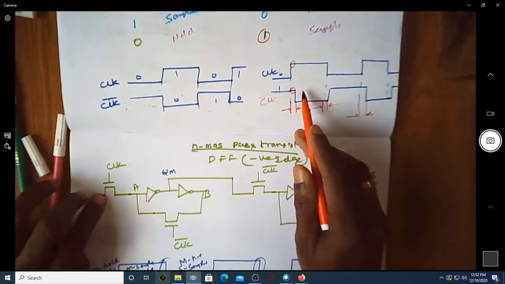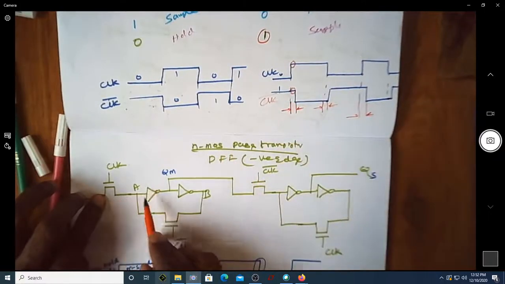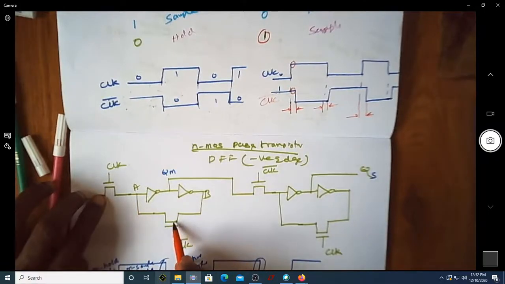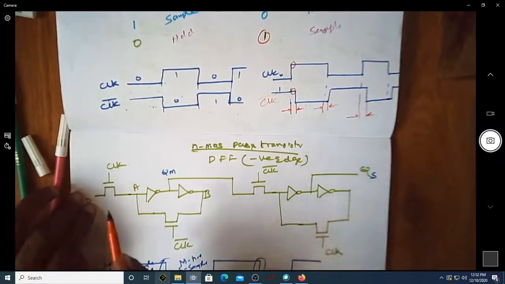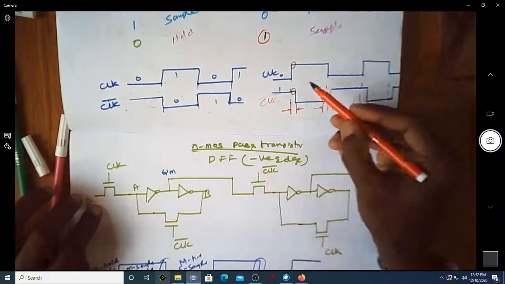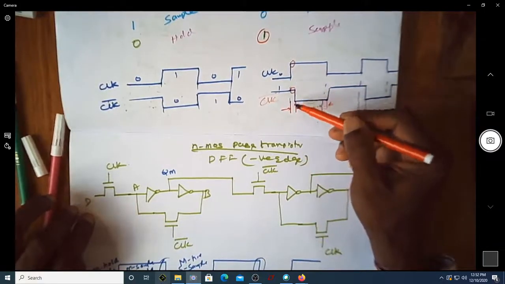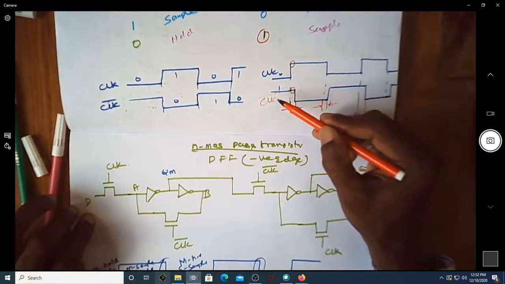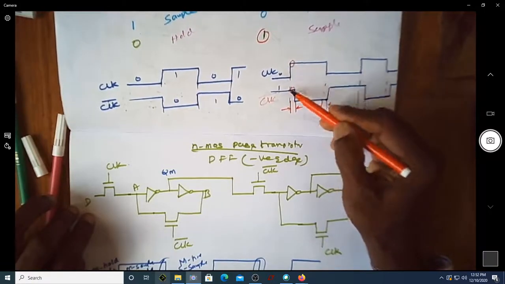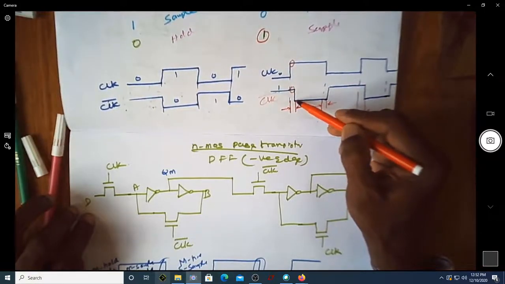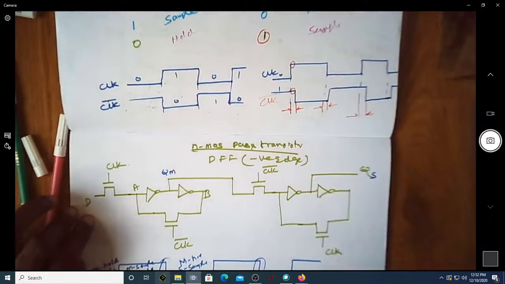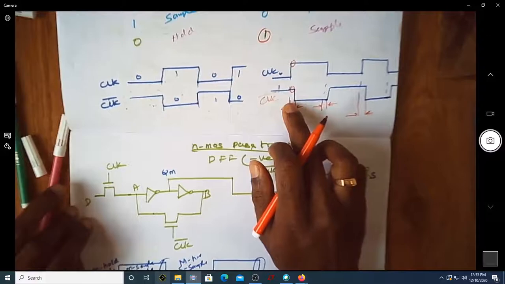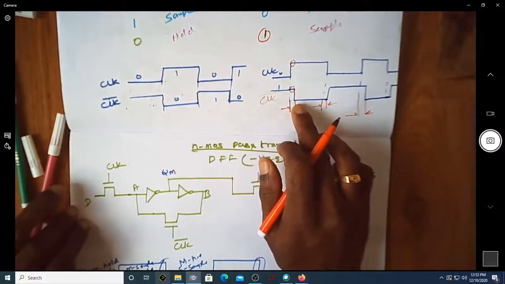Since clock bar is also 1 whenever you are sampling, are you turning this transistor as well as this transistor on simultaneously because of this overlapping period? Both clock and clock bar become 1 for a small duration of time because of the typical nature of your inverter, because an inverter certainly takes some time to make your output 0.